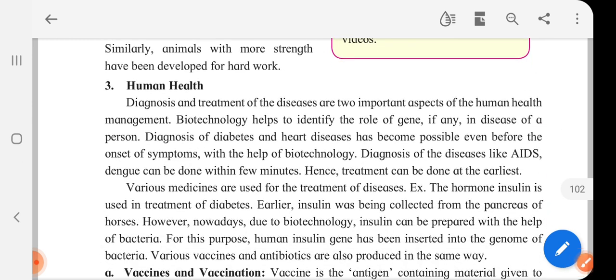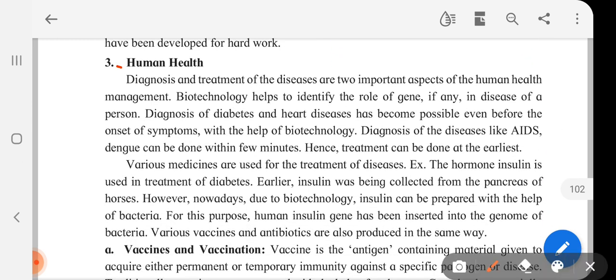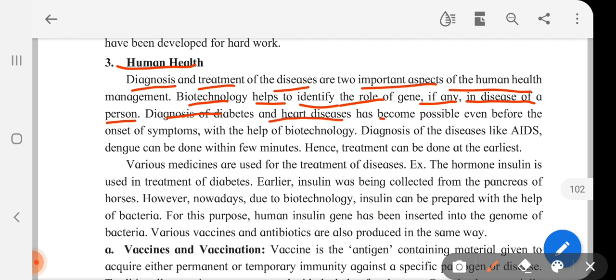Now, if we talk about human health, diagnosis and treatment of diseases are two important aspects of human health. Biotechnology helps to identify the role of genes, if any, in the disease of a person. Diagnosis of diabetes and heart diseases has become possible even before the onset of symptoms with the help of biotechnology.